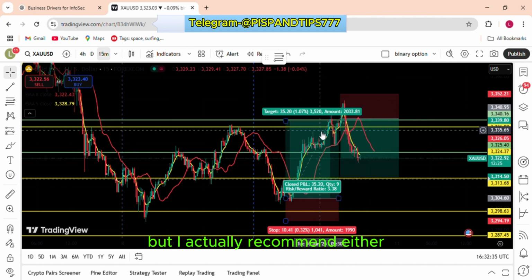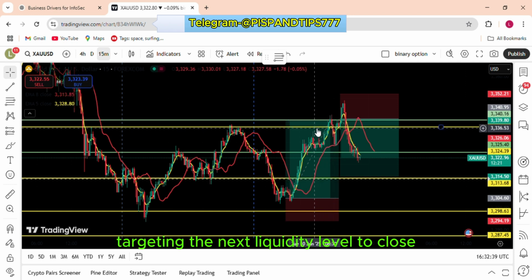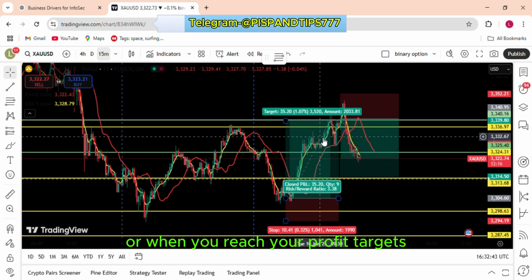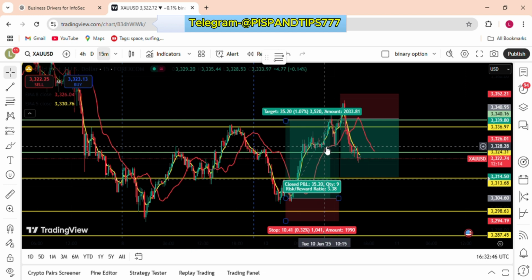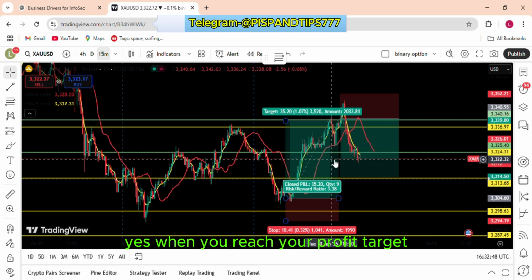But I actually recommend either targeting the next liquidity level to close or closing when you reach your profit targets.